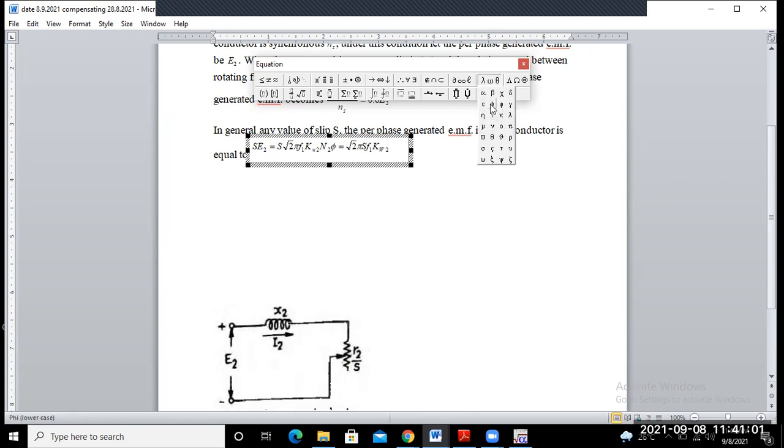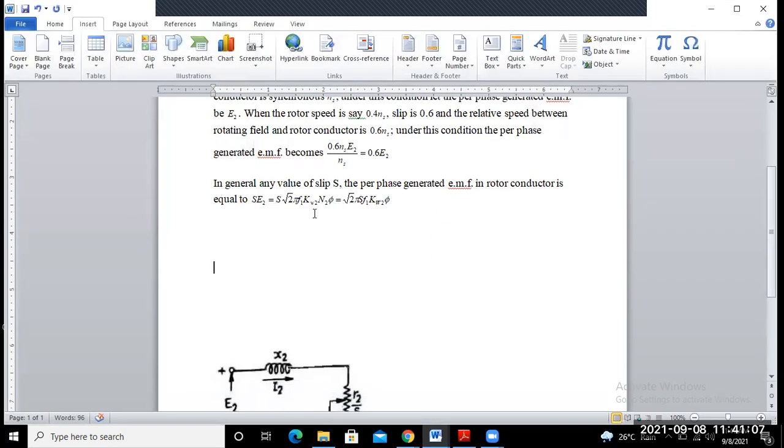So we simply write the rotor EMF at any slip as SE2.